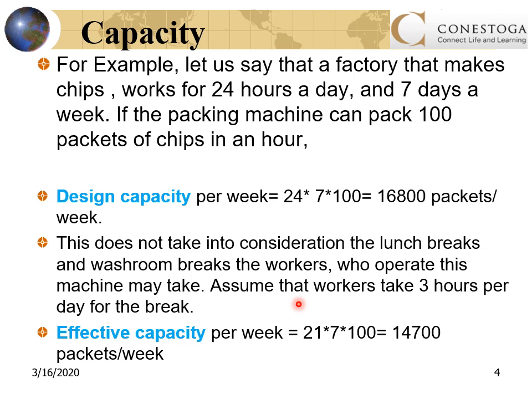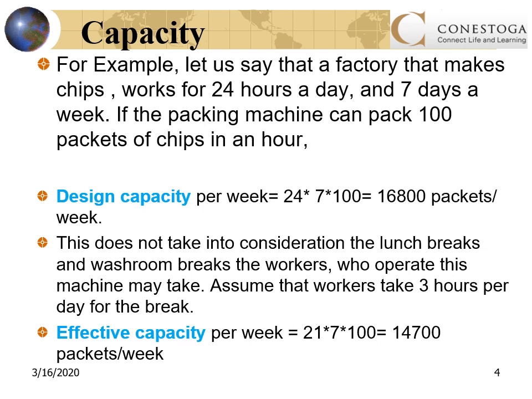So the effective capacity of this particular machine per week will be 21 times 7 multiplied by 100, which is 14,700 packets per week. So as you can see here, the effective capacity is lesser than the design capacity, and it's also measured in terms of a rate.